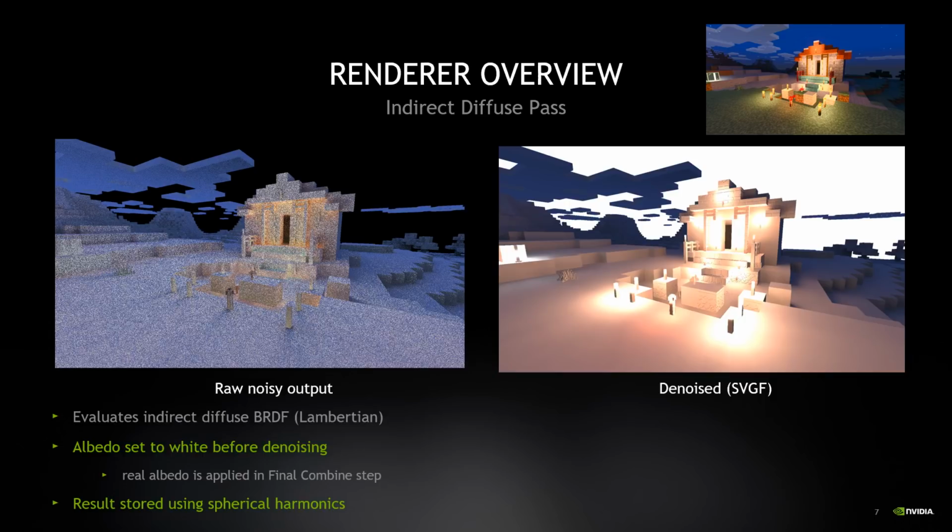We also set albedo to white before denoising and apply it later in the final combine step, so that the textured albedo wouldn't be blurred during denoising. We also use spherical harmonics to store this buffer, which also improves denoising quality, as the directional information is encoded directly in the light, and denoiser doesn't have to deal with geometry normals.